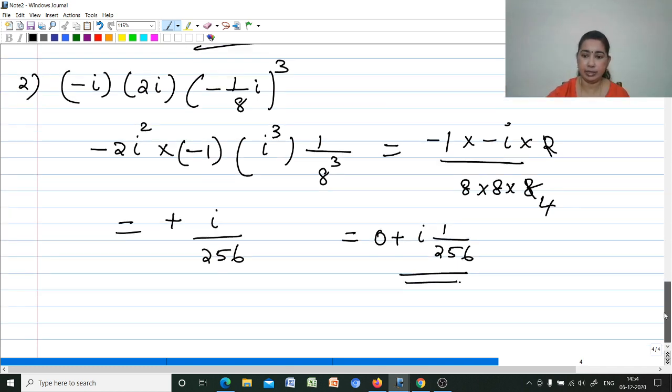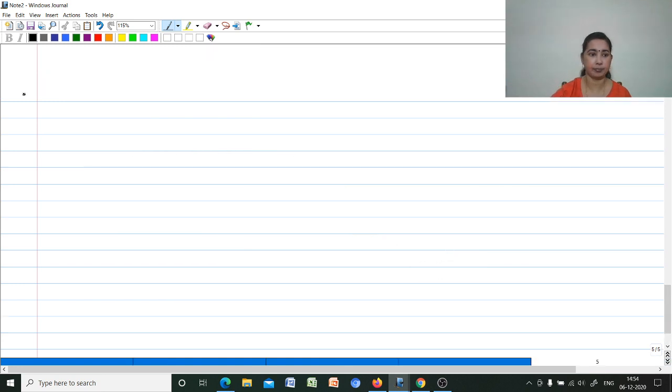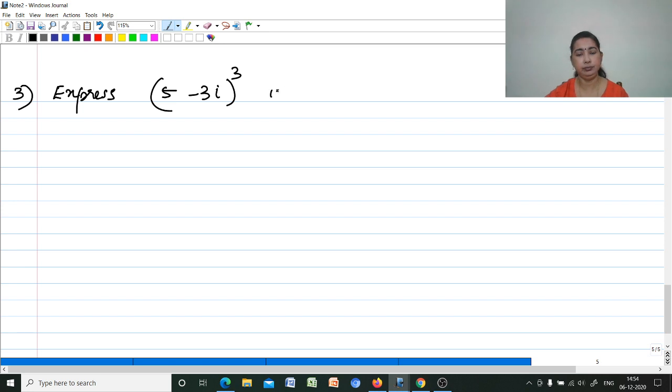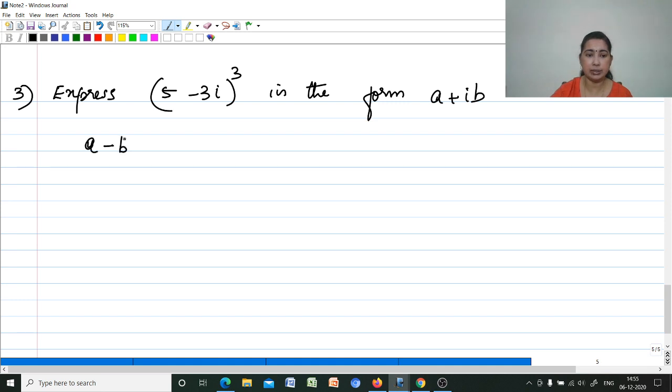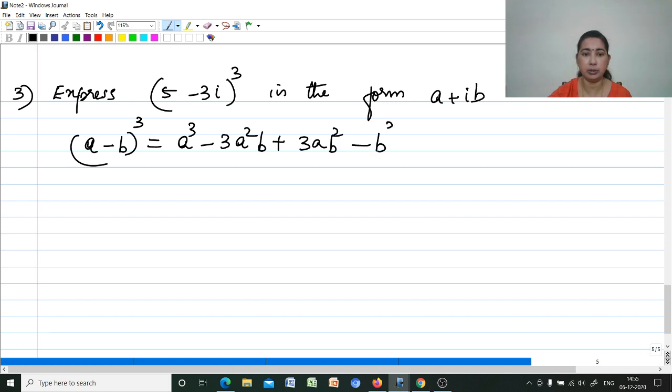Then next one, express 5 minus 3i whole cube in the form a plus ib. So earlier we studied the identities, that is if we are using a minus b whole cube, what is the expansion? a cube minus 3a square b plus 3ab square minus b cube.